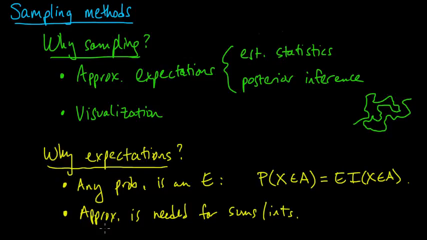Many times, the things which are hard to compute and therefore need to be approximated are sums or integrals. And any sum or integral can be represented as an expectation over some probability distribution.